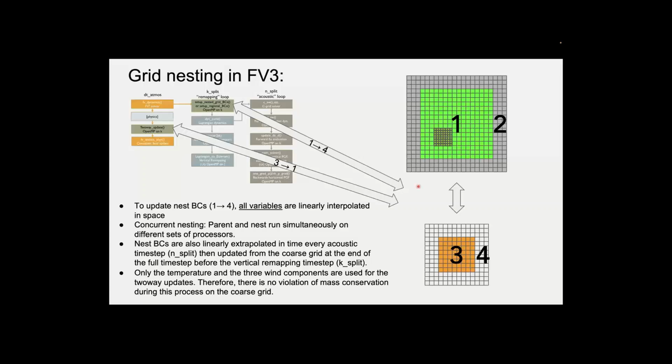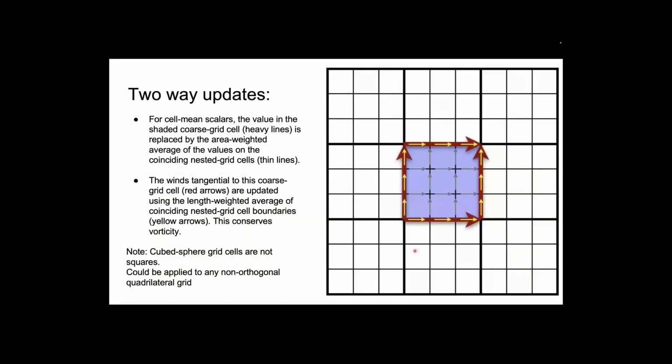In our case, by default, we update the temperature and the 3 winds. In this way, we conserve mass on the parent grid, so there's no violation of mass conservation on the top parent grid if we don't update mass. It's worth noting that on the nests we don't have this conservation because of all the interpolation and extrapolation that we are performing.